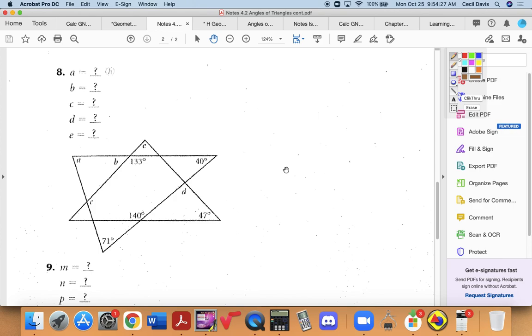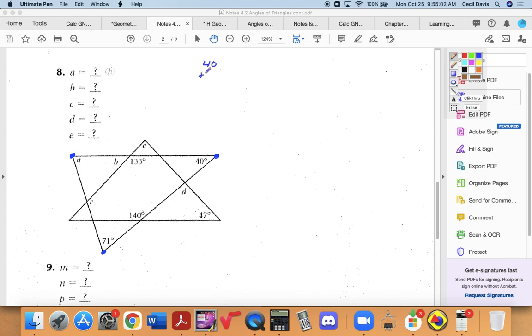For example, if I'm trying to find angle A, if I try to use this little triangle right over here, I've got to find angle B and I've got to find angle C before I can find angle A. But if you look a little bigger and look at the triangle that has these three vertices, I can go directly to finding angle A. Because I know this angle is 40 and this one's 71, I can just add those two and subtract from 180.